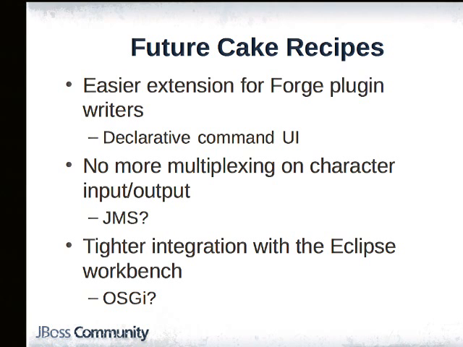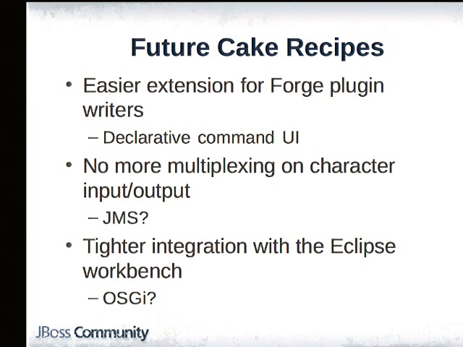So it should be easier to extend Forge for Eclipse plugin writers. I mean, for Forge plugin writers, but it should be easier to make sure that the Eclipse Workbench knows how to react, and that probably will be done with a more declarative command UI.